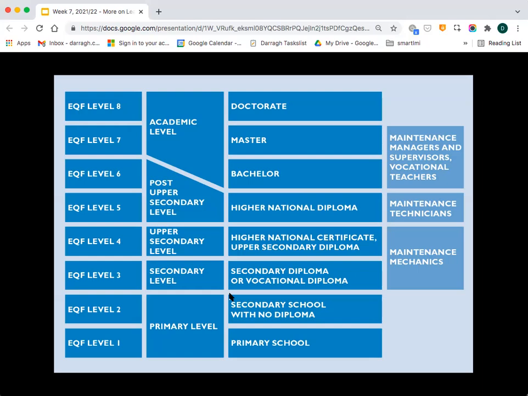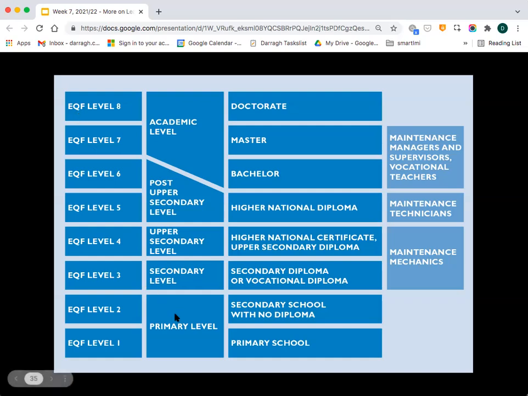Now, there is a certain degree of alignment between the European qualification framework and the national qualification frameworks, but they're not going to map over completely because each country has their own systems, and the European one will have a different system. But this is a rough indication of the EQF, the European Qualification Framework.